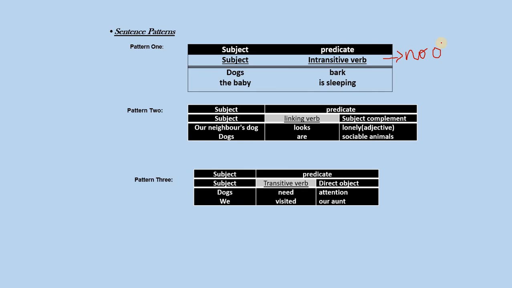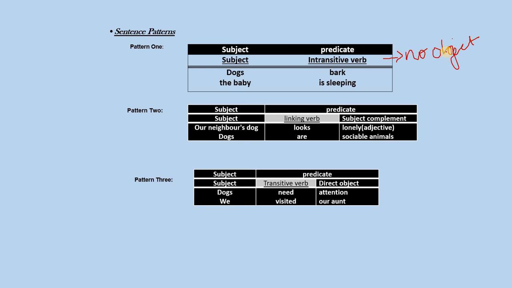No objects follow it, and the meaning is full, so it is intransitive. Dogs bark, so I don't need an object here. The baby is sleeping, so it does not need an object either.